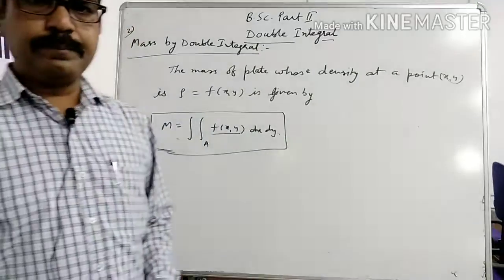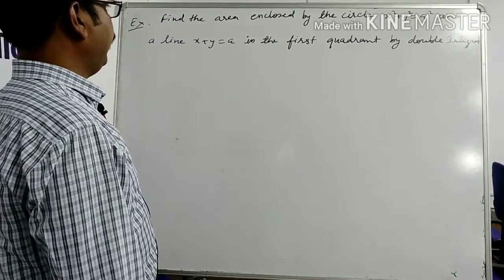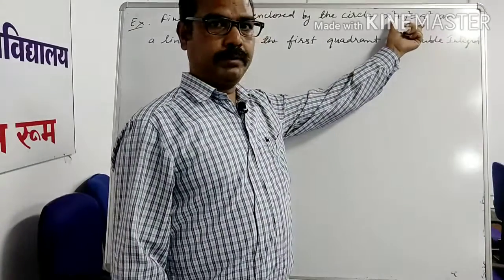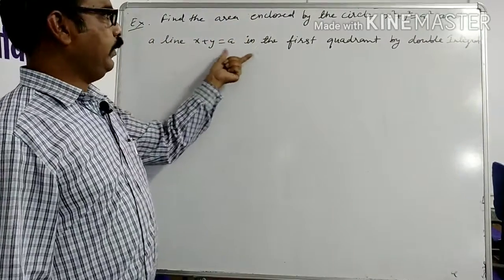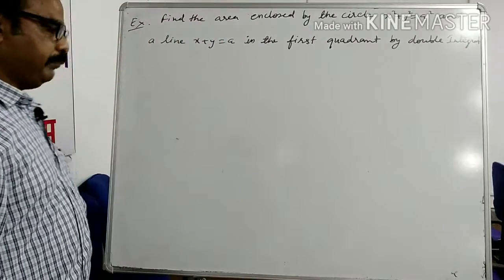So the first example is, find the area enclosed by the circle x square plus y square equal to a square and the line x plus y equal to a in the first quadrant by double integral. This is the given problem.